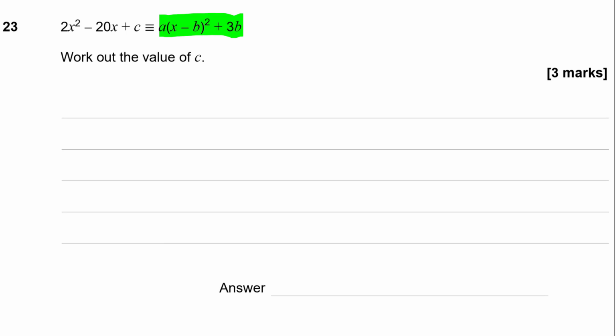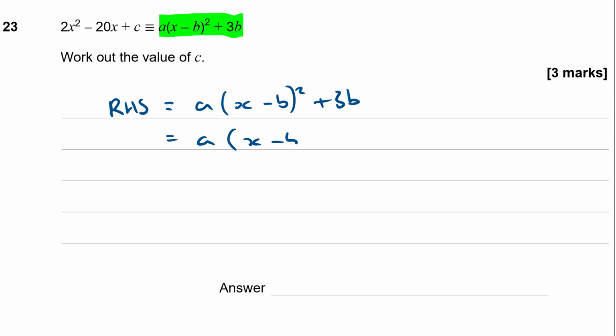Okay, so I'm going to start off with the right hand side, and that is equal to a lots of x minus b all squared plus 3b. Now multiplying out the brackets, if you're not very good at brackets you might want to write those two brackets out, x minus b, if that makes it easier for you.